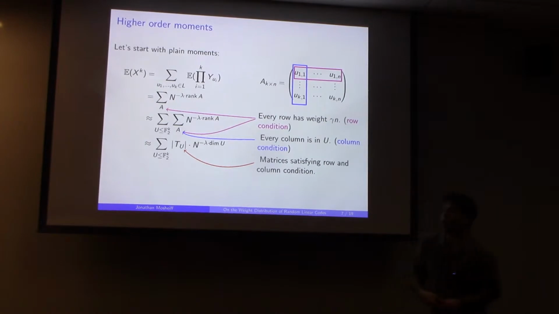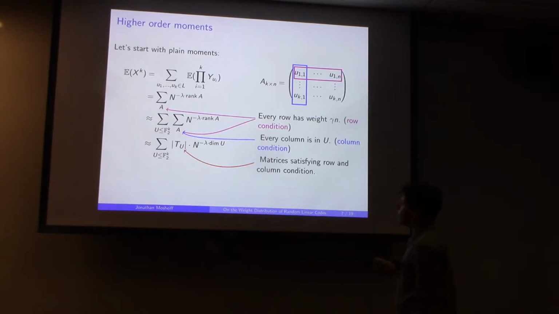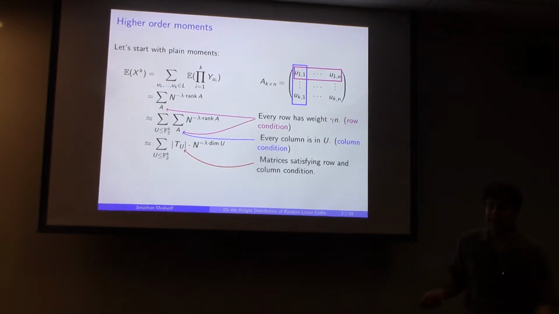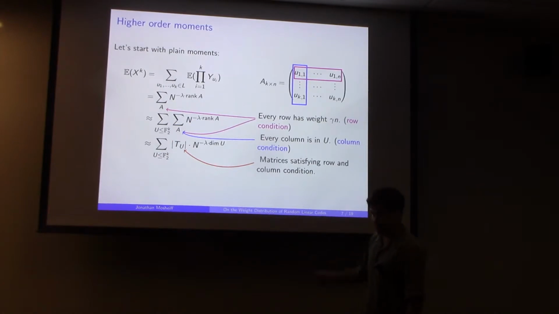We're summing over all linear subspaces of F2 to the K. In order to compute the Kth moment, we look at all subspaces of F2 to the K. For each such subspace, I need to take this constant, which is n to the minus lambda dimension of U. So I'm taking something which is exponentially decreasing in the dimension of U, and I'm multiplying it by the number of matrices which satisfy both conditions here. I'm trying to count matrices which have rows of weight gamma n and columns contained in this U. This is the type of thing that we're actually going to have to compute here.